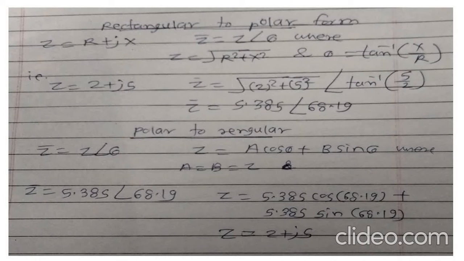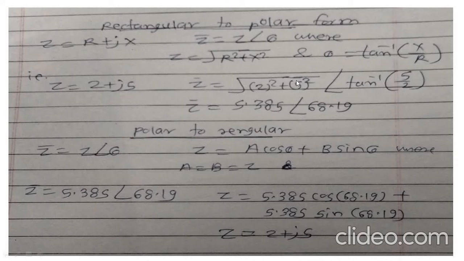Now we will see the same concept with an example. Suppose you have the rectangular form value Z is equal to 2 plus j5. For conversion of this value into the polar form, we will calculate Z bar is equal to, Z will be calculated by using the formula square root of R square plus X square. For this example, R is equal to 2 and X is equal to 5.